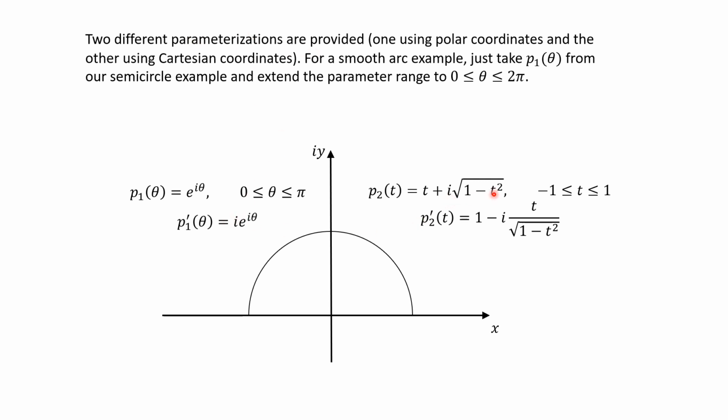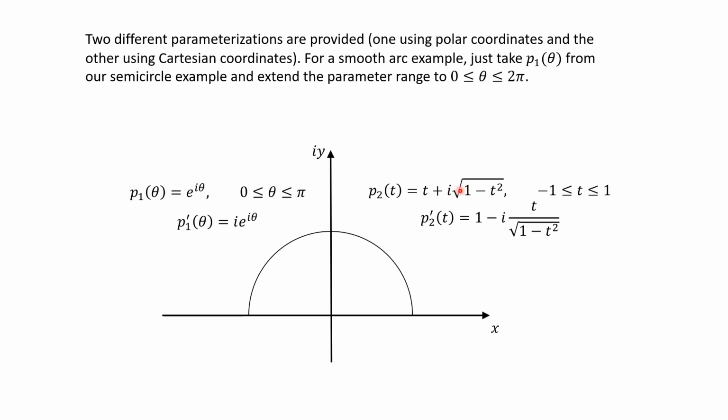The other approach is to use the equation x squared plus y squared equals 1 for a circle centered at 0 with radius 1, and then you let x equal t, you solve for y, and you get the square root of 1 minus t squared, and then you just plug in x and y into our equation for p of t.